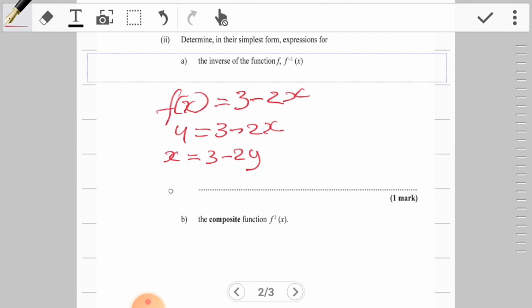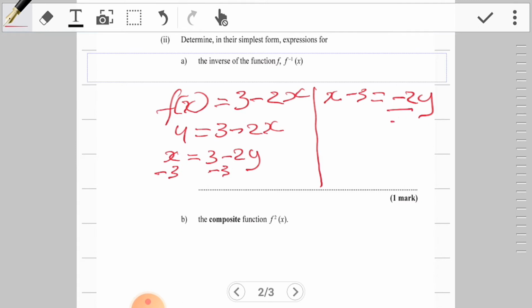In transposing, we basically have x, and then we subtract 3 from both sides, and then -2y here. So we subtract 3 from this side and 3 from that side, and that's how we end up with these. At the end of the day, we need to have the y by itself.